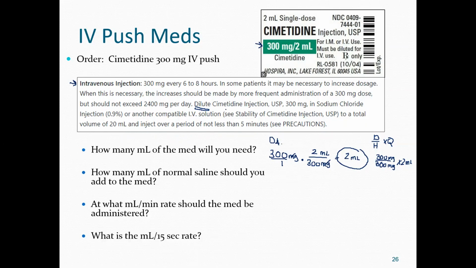So we're to dilute the medication, and I keep reading, with the sodium chloride injection. So that is normal saline there because I recognize that that 0.9% is the same as normal saline, or another compatible IV solution. And here comes the key information, to a total volume of 20 milliliters. All right, so I need a total of 20.